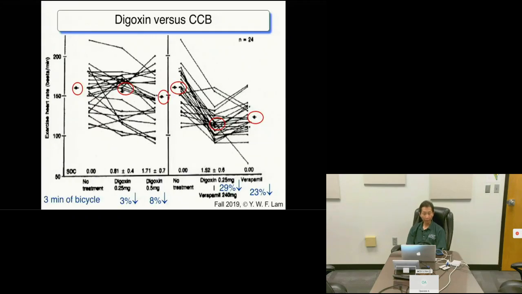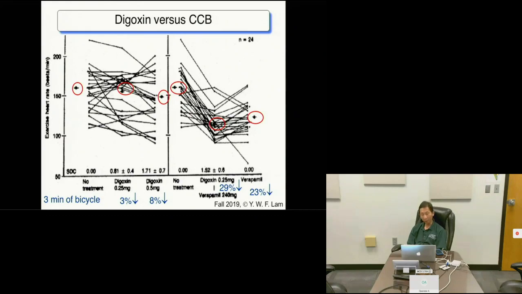The next slide is essentially looking at the same group of patients, with the only difference being that rather than just looking at the resting heart rate, now the patients are put on 3 minutes of bicycle exercise, and then we measure their heart rate. With 3 minutes of bicycle exercise, as you can imagine, the baseline heart rate could go up to about 160 beats per minute or so.